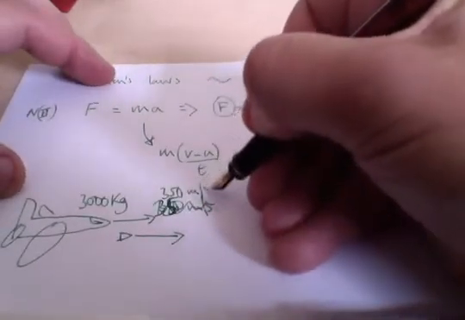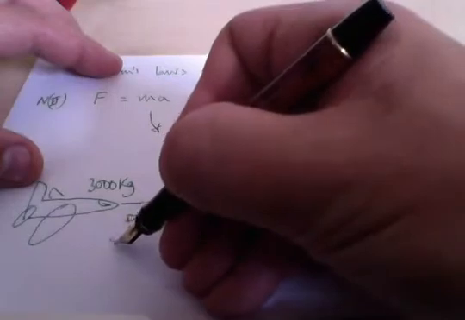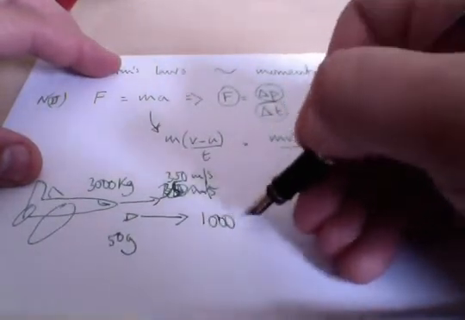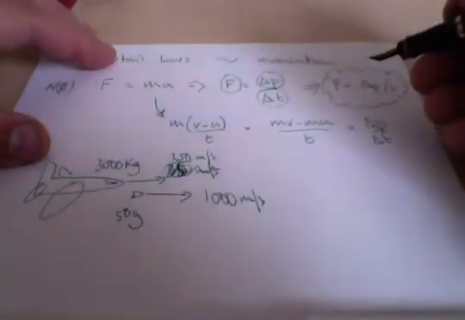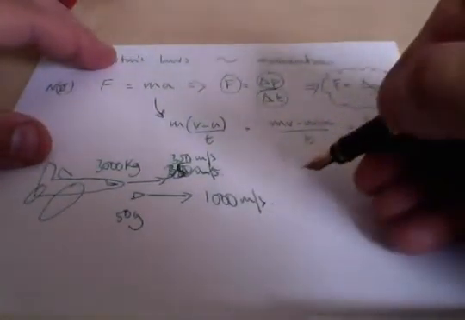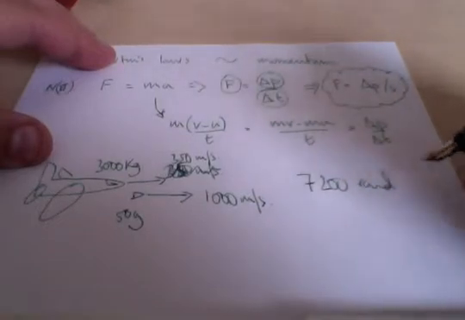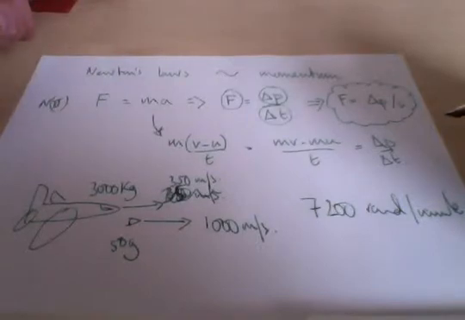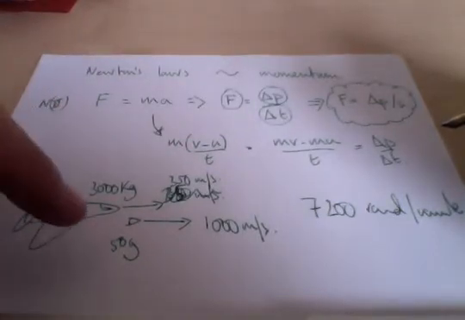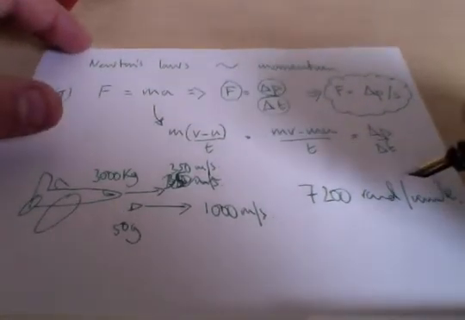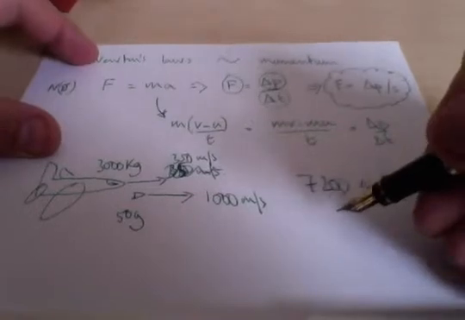It fires a bullet of 50 grams going at 1,000 meters per second. And it's firing at 7,200 rounds per minute. Now I want to know what force is being exerted on the plane, obviously backwards, whilst it's firing these for 10 seconds.